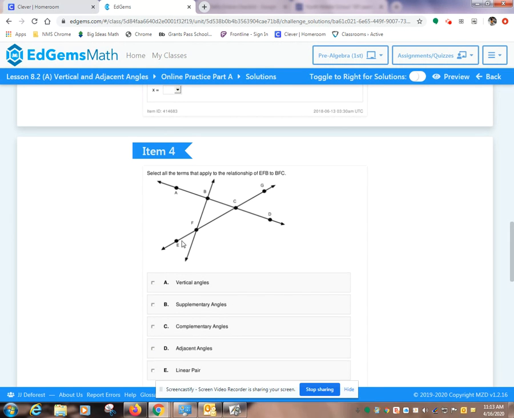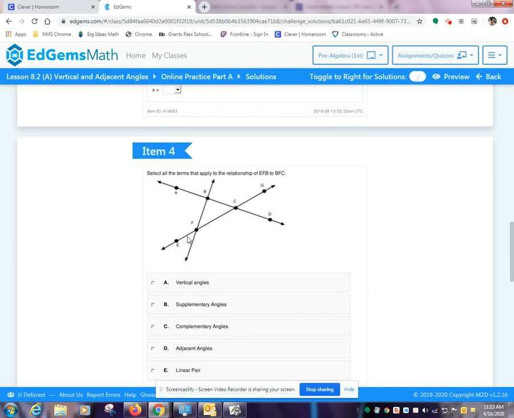Number four, select all the terms that apply to the relationship of EFB to BFC. So here's EFB, and then here is BFC. So this angle right here and this angle right there, well, they share a common vertex, so they're probably adjacent angles. They have that common line right there in the middle.